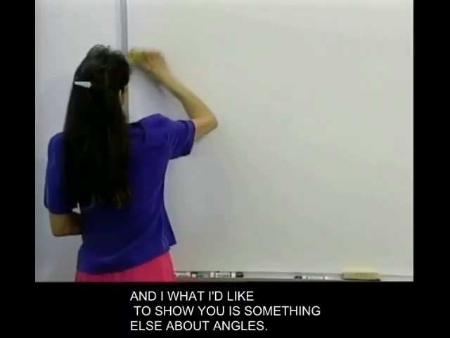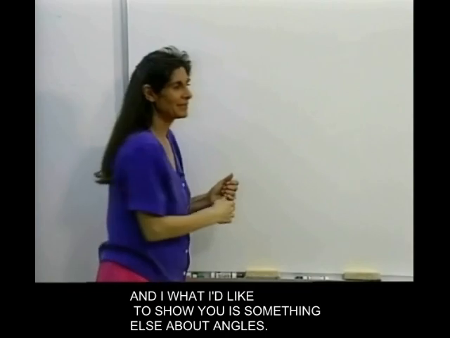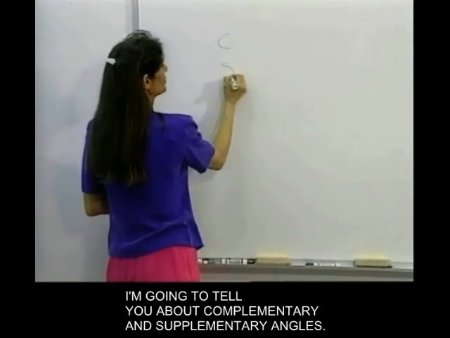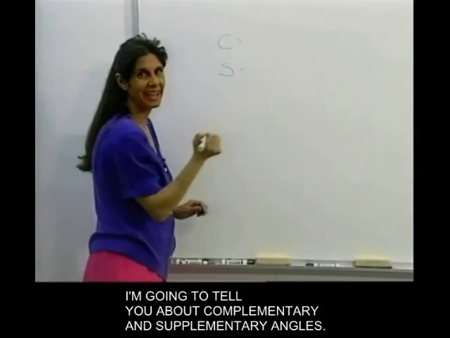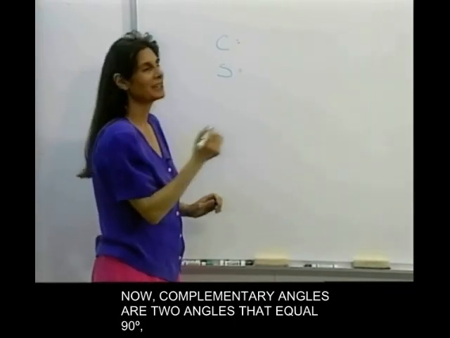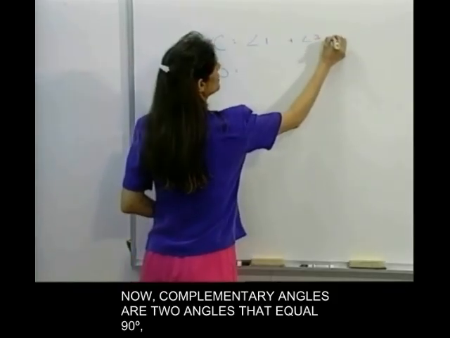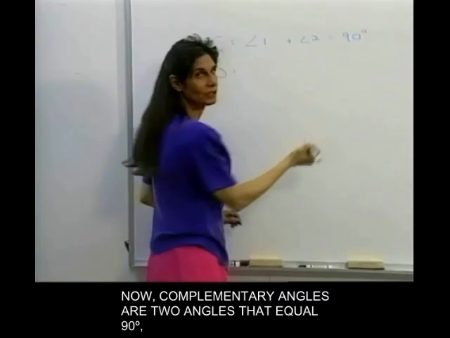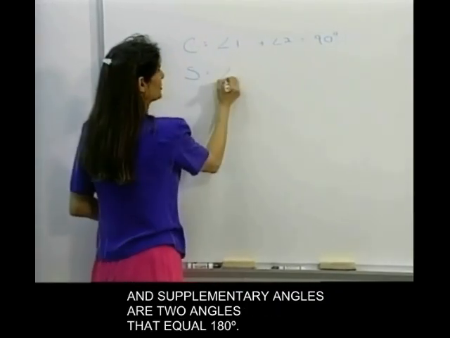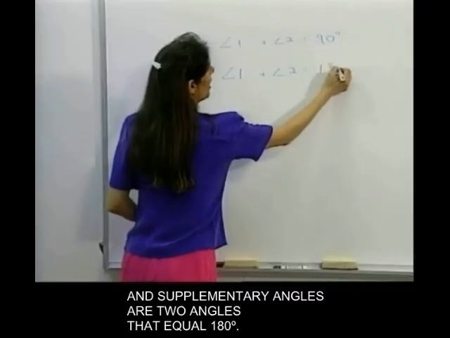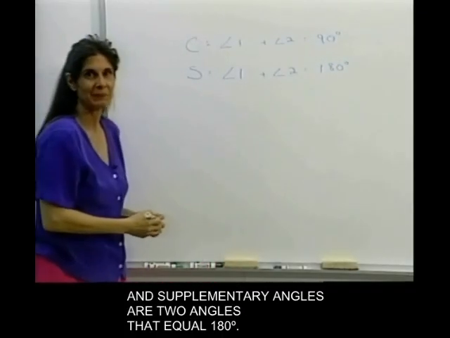Okay, I want to show you something else about angles. I'm going to tell you about complementary and supplementary angles. Now, complementary angles are two angles that equal 90 degrees. And supplementary angles are two angles that equal 180 degrees.